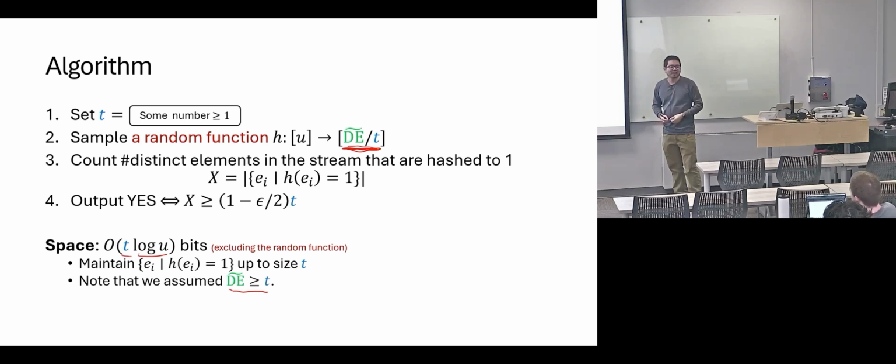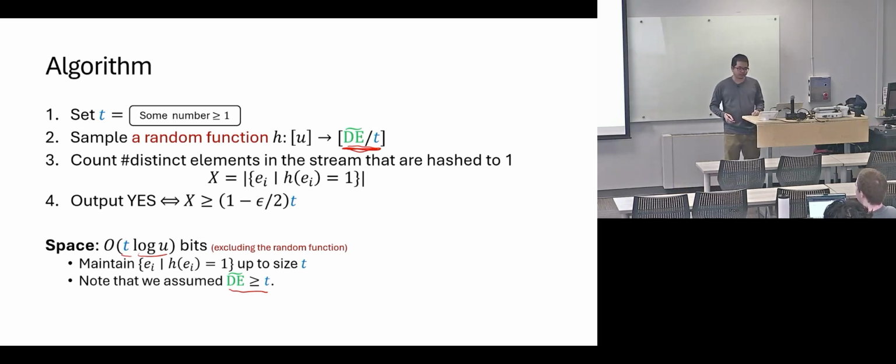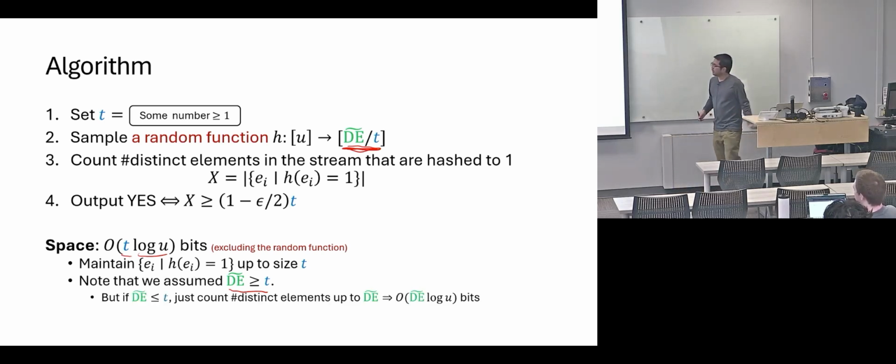Yeah. So if DE is less than T, or less than or equal to, that means you're either hashing to 1 or less than 1 elements. So you just count each distinct element, because everything will hash to the same value. So it's just DE log U. Right? Yeah, exactly.